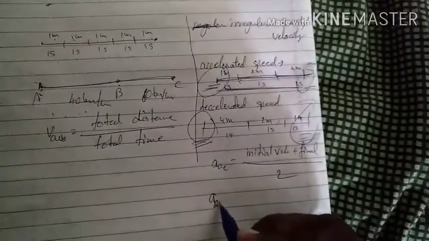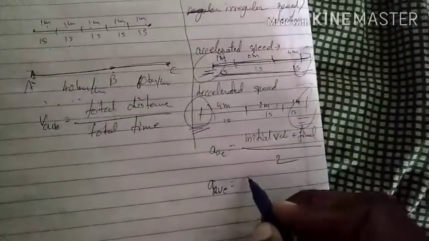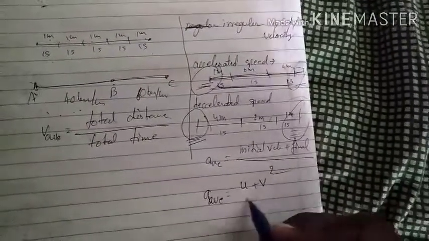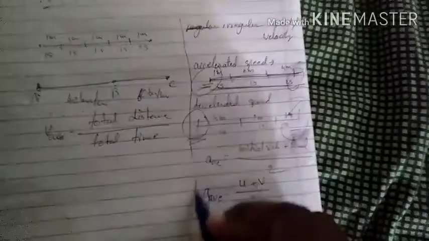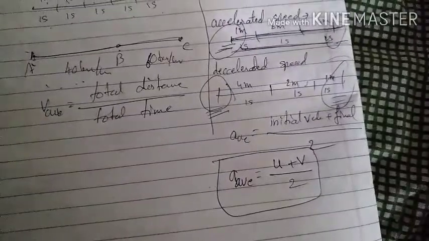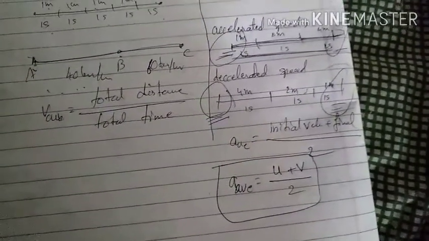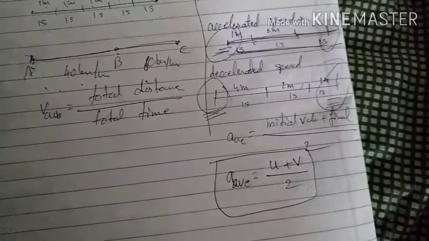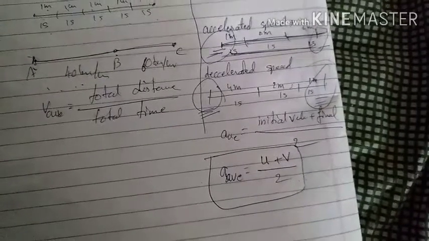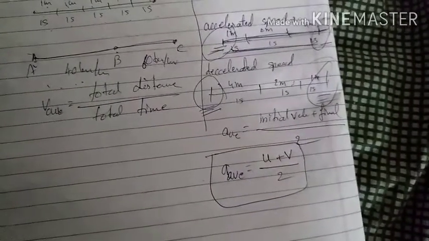Symbolically, initial velocity is denoted by u, final velocity is denoted by v, and divided by 2. So average velocity in non-uniform motion is (u plus v) by 2. This is the average velocity. So this is what we can understand from it.